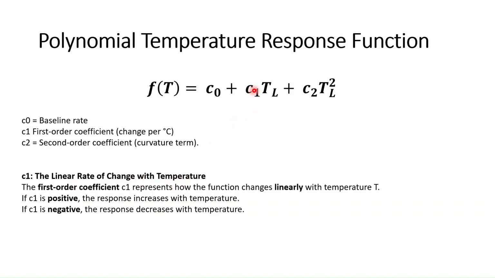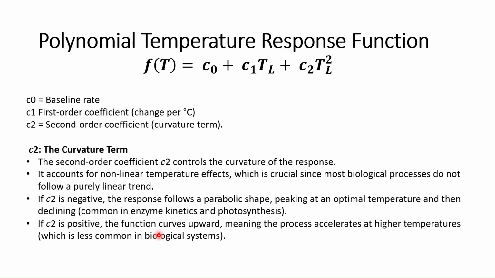What is the change in this term with change in temperature, the first order coefficient. If C1 is positive, the response is going to increase, and if C1 is negative, the response is going to decrease. C2 is the curvature term, the second order differential term.